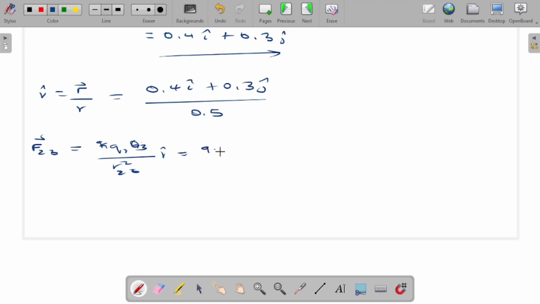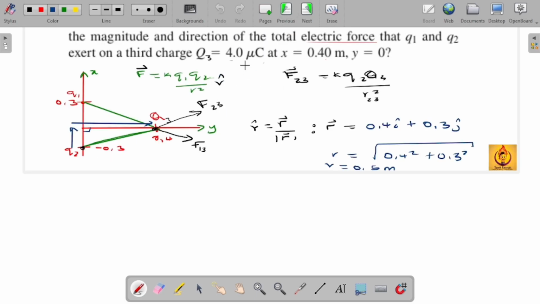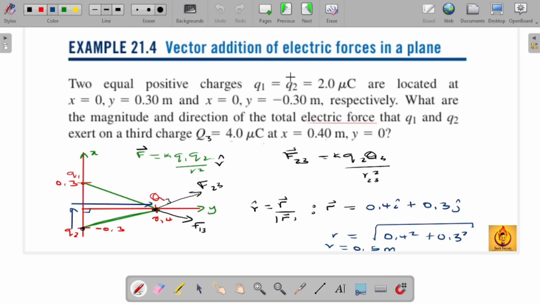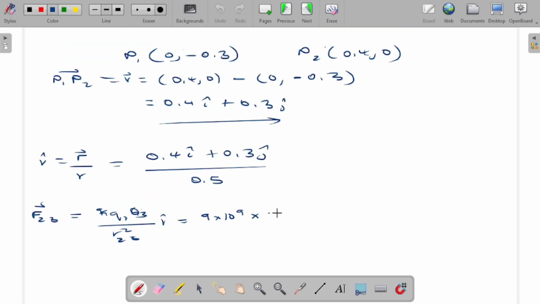So this is going to be 9 by 10 to the 9 multiplied by what? What is Q2? 2 microcoulombs. 2 by 10 to the negative 6, and the big Q is 4 by 10 to the negative 6.